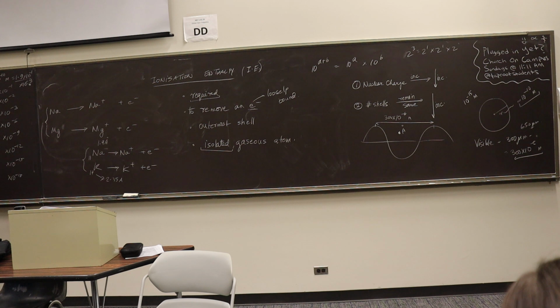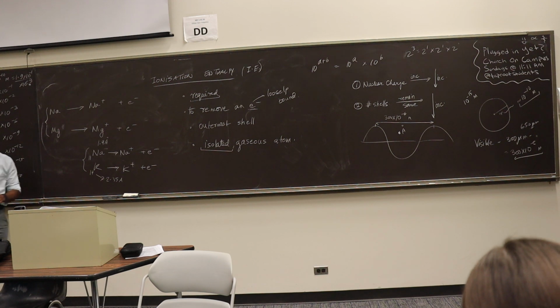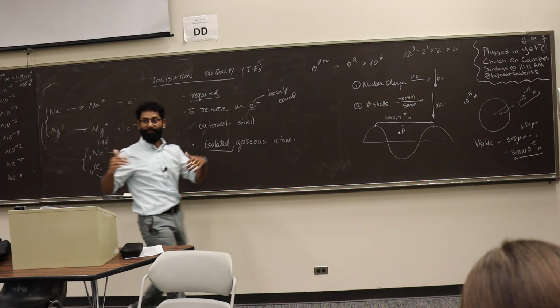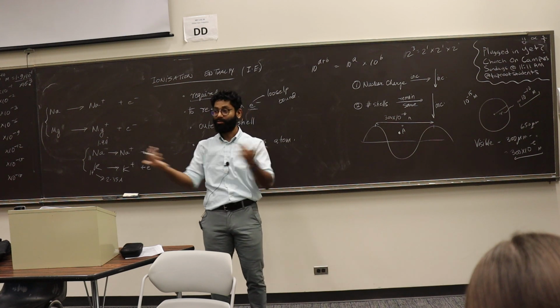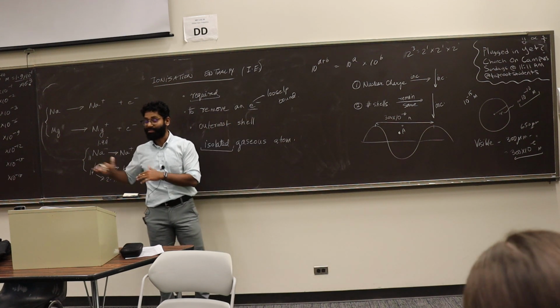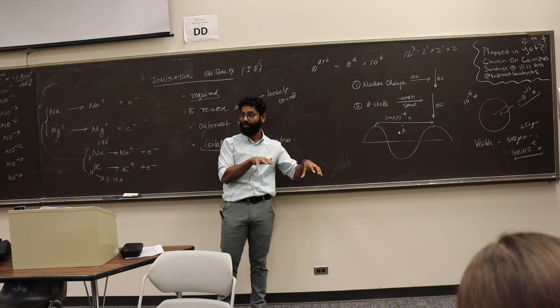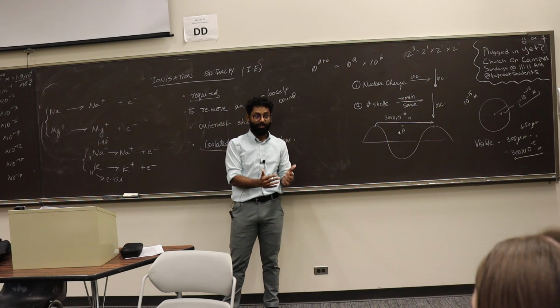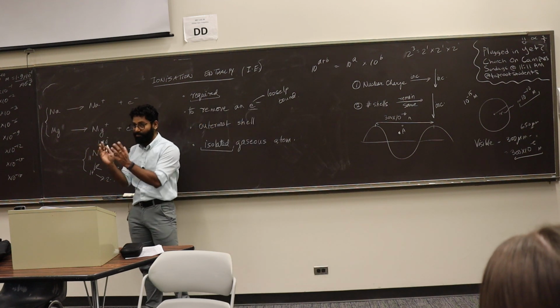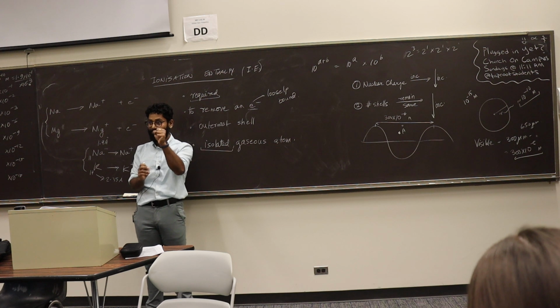And why is that? Think about the size. So ionization enthalpy increases from left to right. Along the period, the sizes are getting smaller and smaller, so the electrons are getting closer and closer to the nucleus.